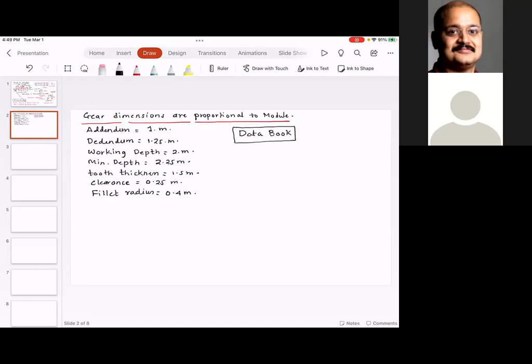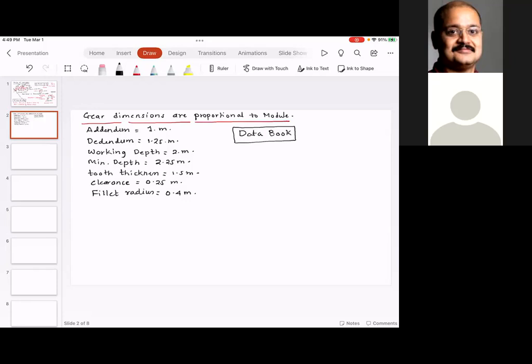So I would strongly recommend that if you have the hard copy or the soft copy of the textbook, please open that and let me walk you through the important design tables that we are going to use as we study the gear design.